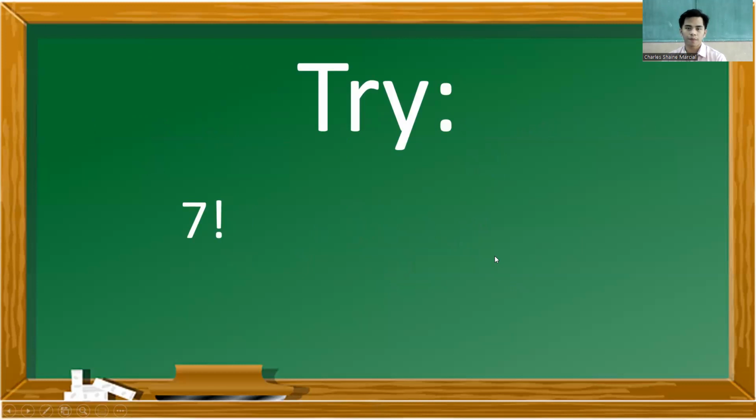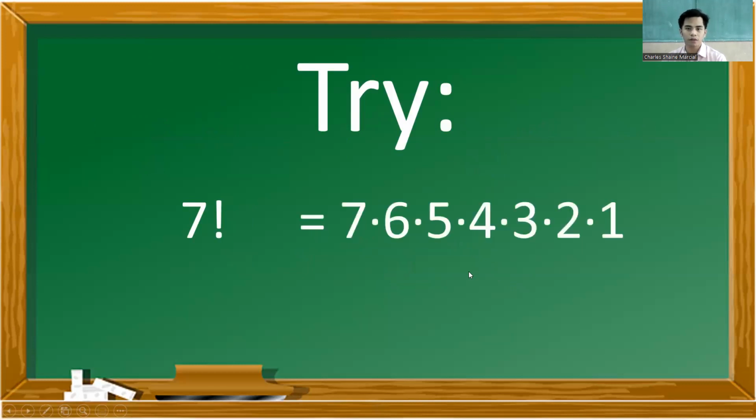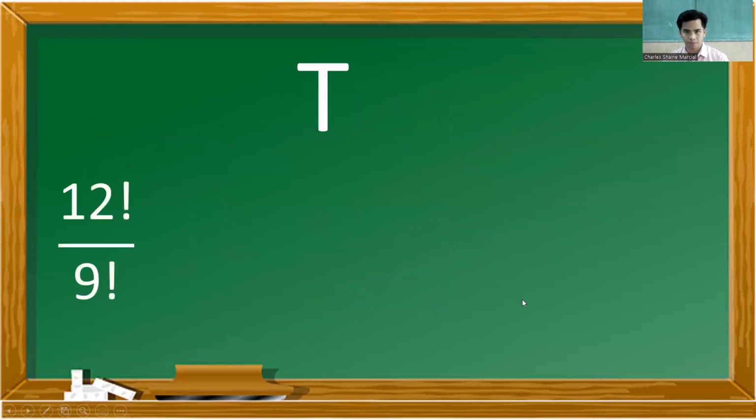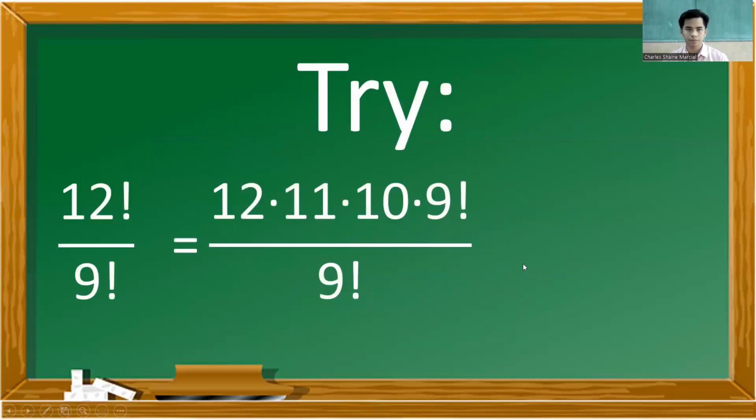Right? So, try. We have 7 factorial. We will just multiply 7 times 6 times 5 times 4 times 3 times 2 times 1, and that is equal to 5,040. Okay, so we have 12 factorial over 9 factorial.